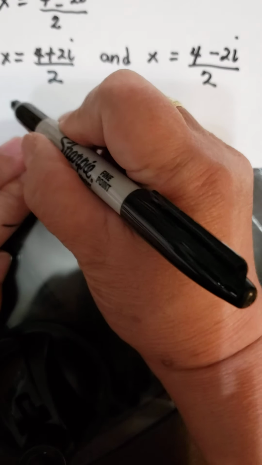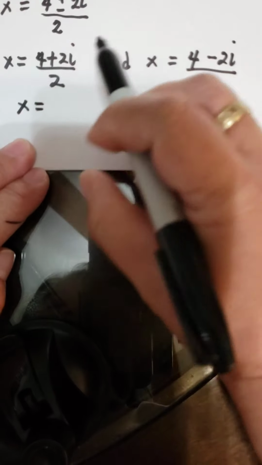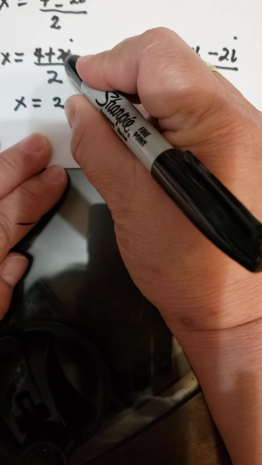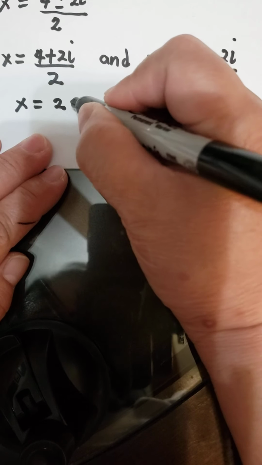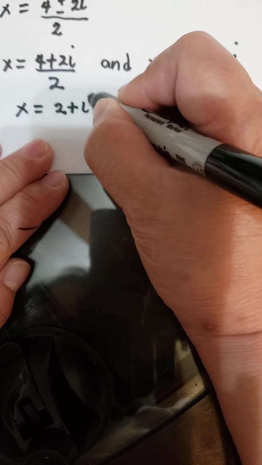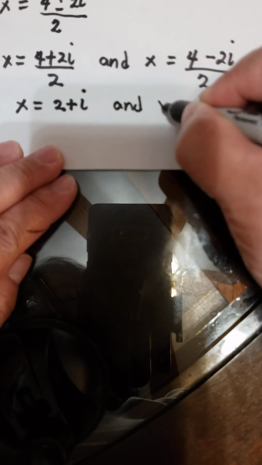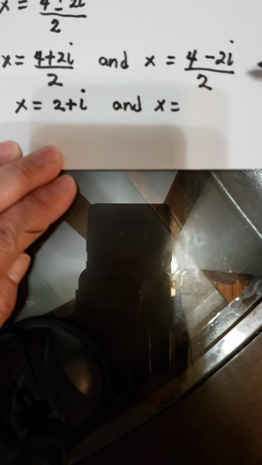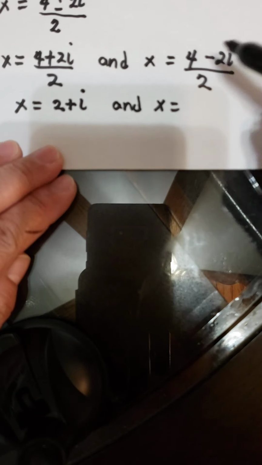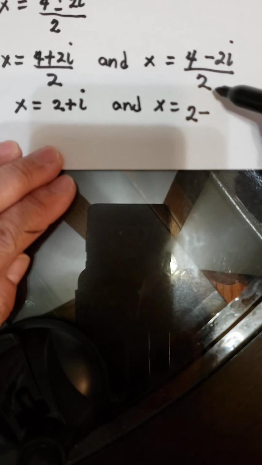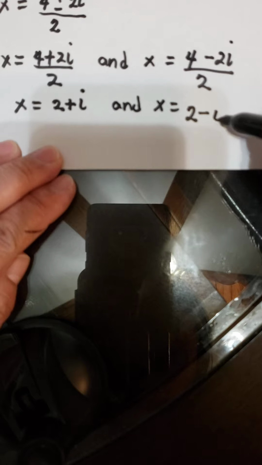What are our two answers here? The first one would be x equals 4 divided by 2 is 2, and 2i divided by 2 is 1i, so that's plus 1i, or just i. And the other answer would be x equals 4 divided by 2 is 2, minus 2i divided by 2, that would give you 1i.